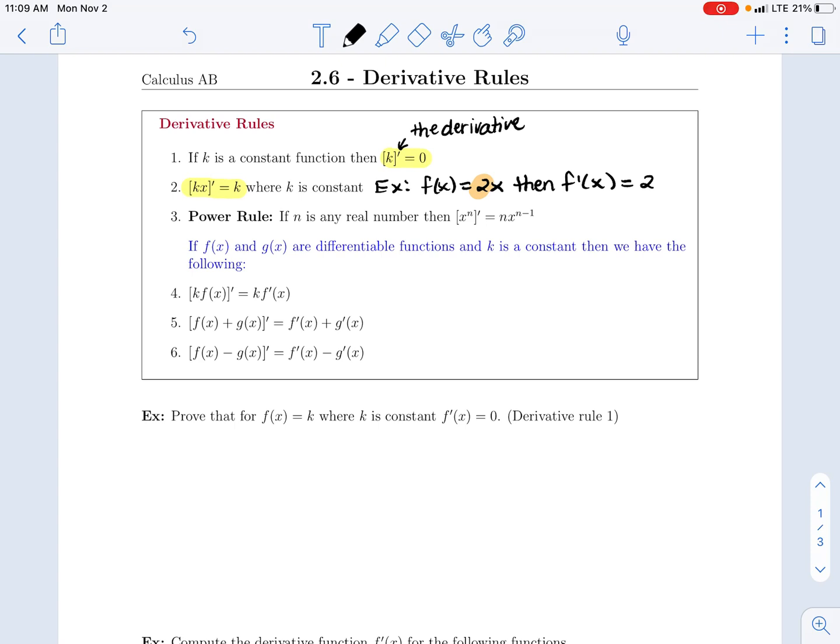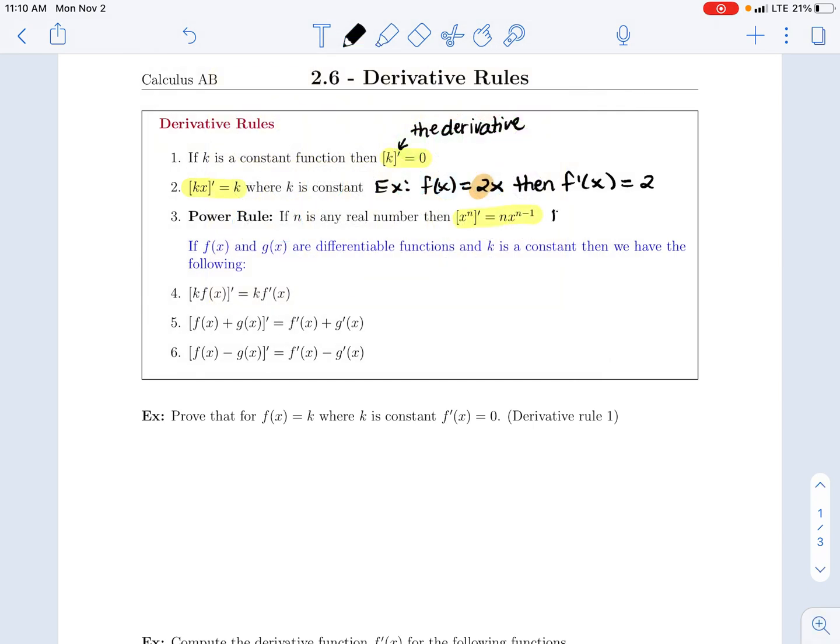Now the power rule basically says that if n is any real number, then if I have x to a power, the derivative of x to the n is: bring down the n, copy my x term, and then the exponent is just going to be n minus 1. This is what we call the power rule.